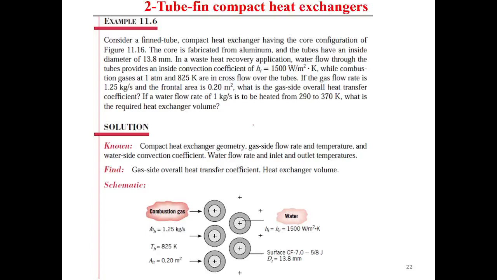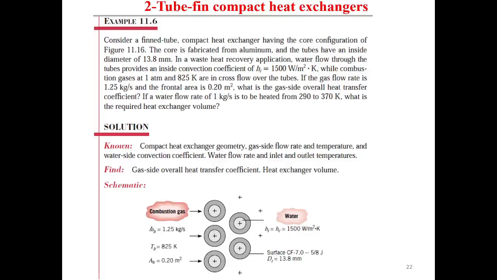We are going to go quickly through this example just to understand what we have done before, and then we will continue after that. The example says that you have to consider a fin tube compact heat exchanger with a core configuration of 11.6 in that book. The core is fabricated from aluminum, and the tube has an inside diameter of 13.8.